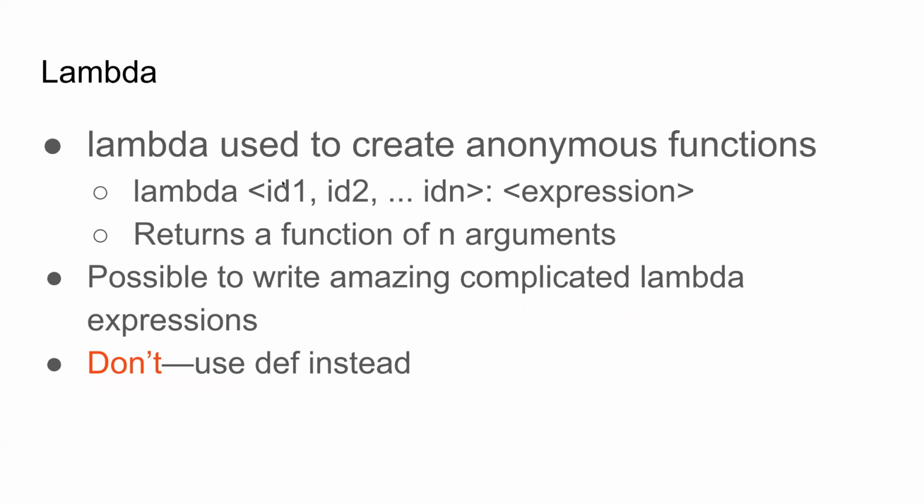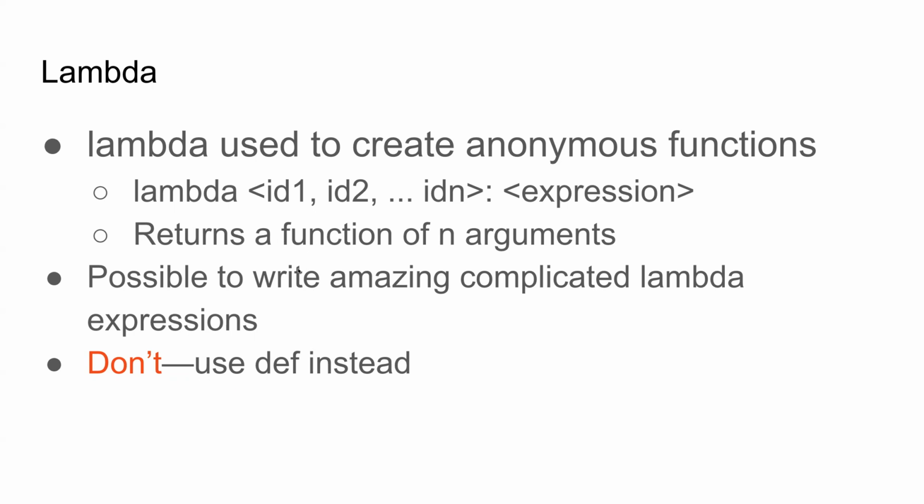A lambda function is also known as an anonymous function. The syntax is like this: lambda is a keyword in Python, with a collection of parameters like the function parameters, a colon, and the expression, which is the function body. So this is basically a function with no name, right? Lambda is the keyword. It returns a function of an argument.